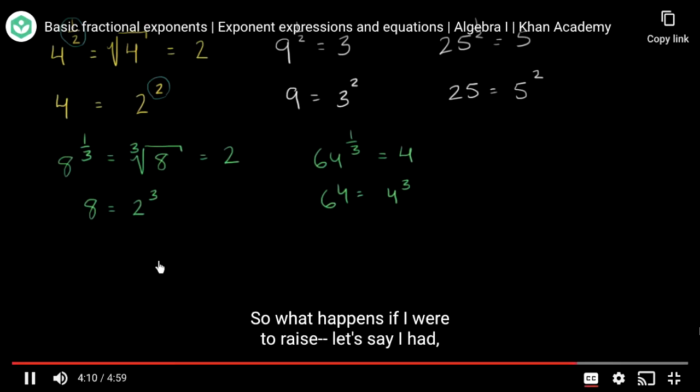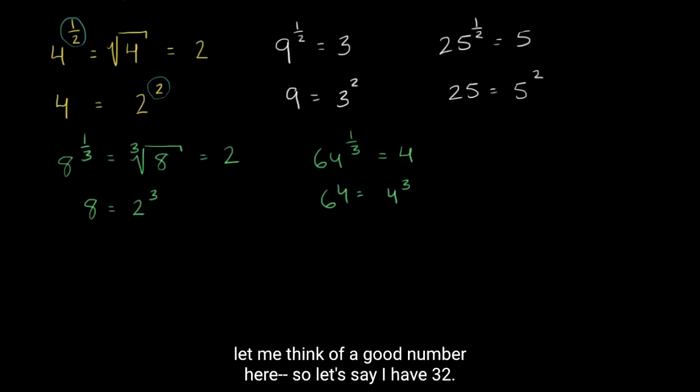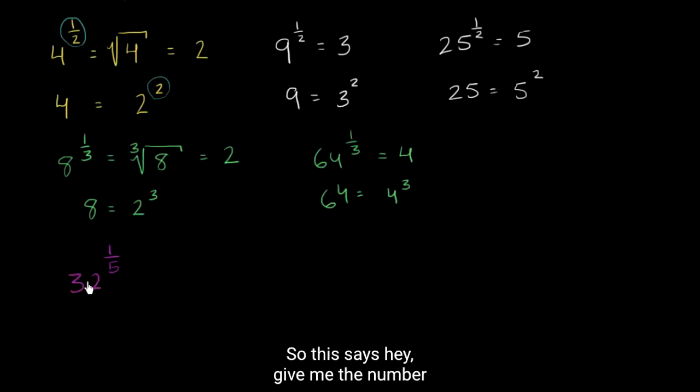So let's say I had the number 32, and I raise it to the 1/5 power. This says, give me the number that if I were to repeatedly multiply that number 5 times, I would get 32.